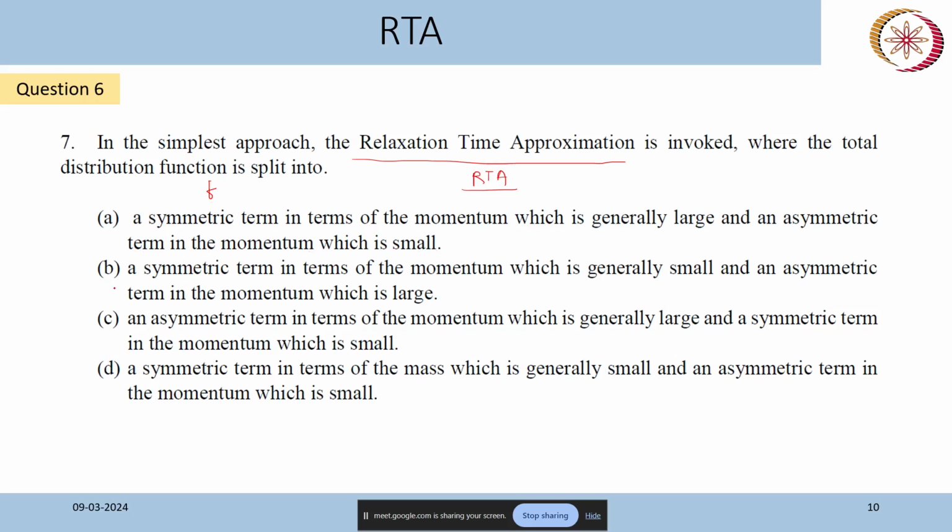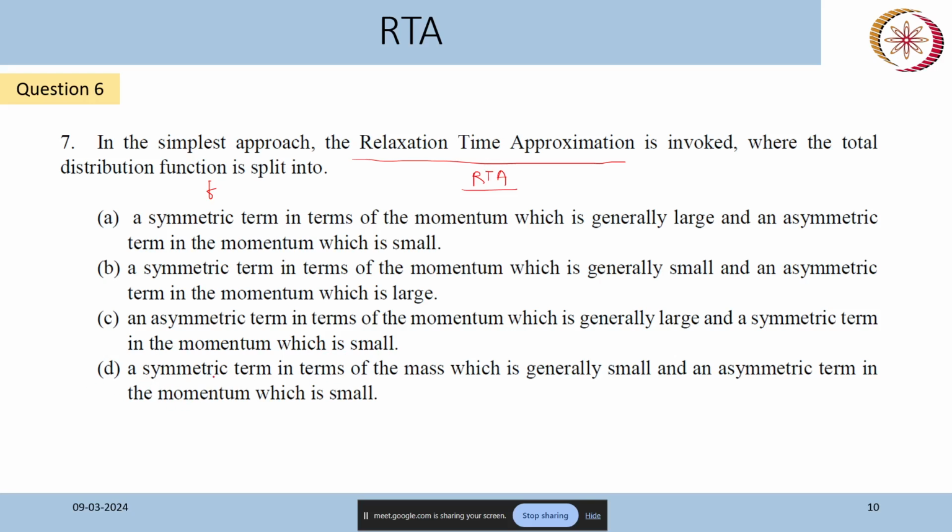Option B, an asymmetric term in terms of the momentum, which is generally small, and an asymmetric term in the momentum, which is large. Option C, a symmetric term in terms of momentum, which is generally large, and a symmetric term in the momentum, which is small.